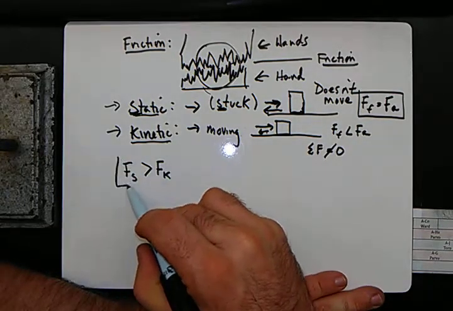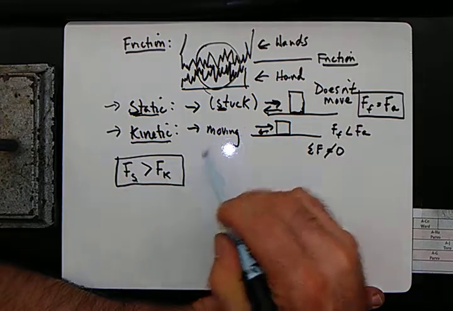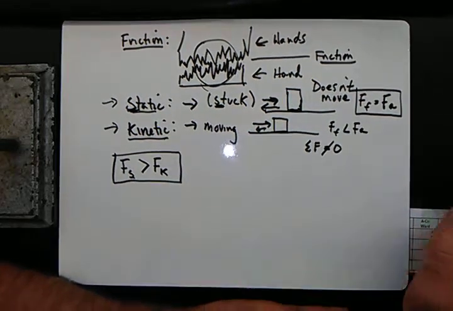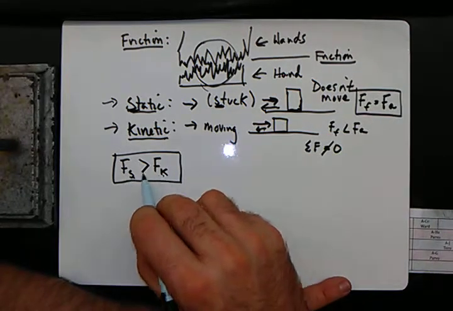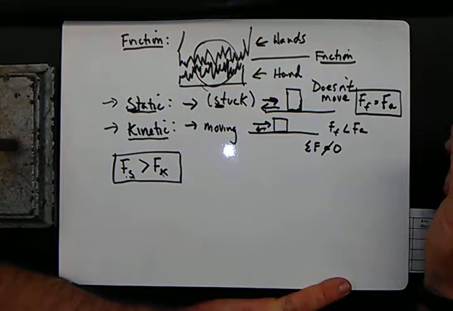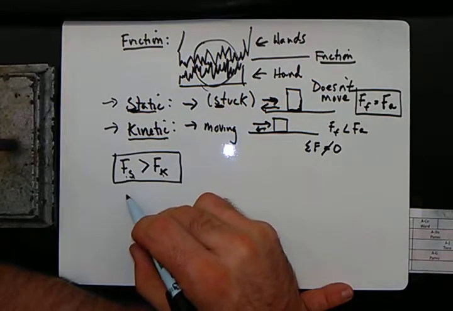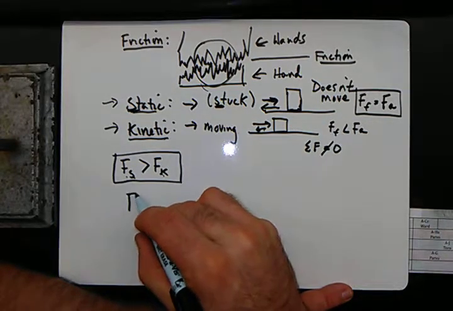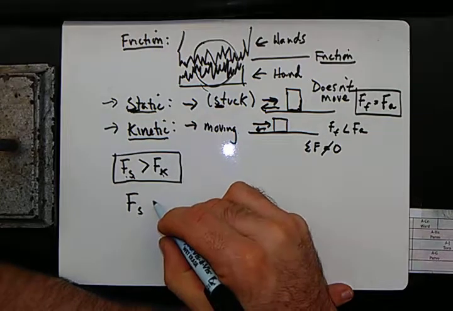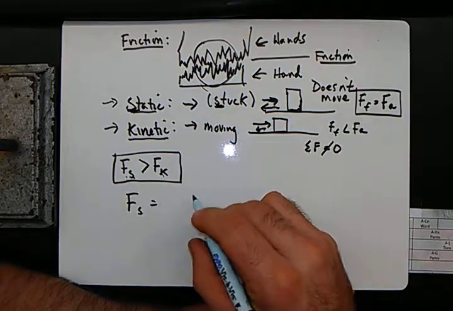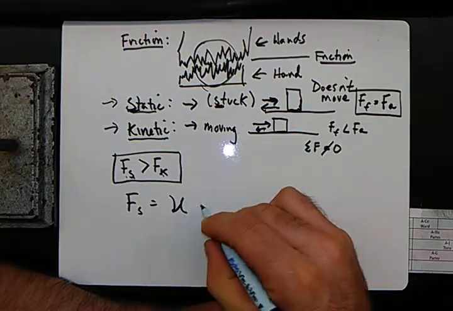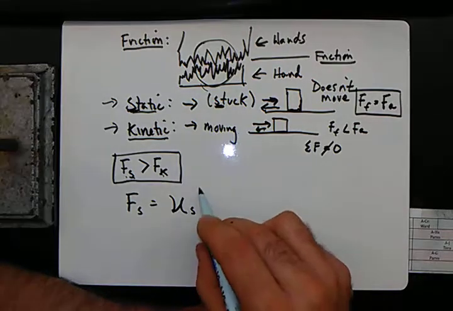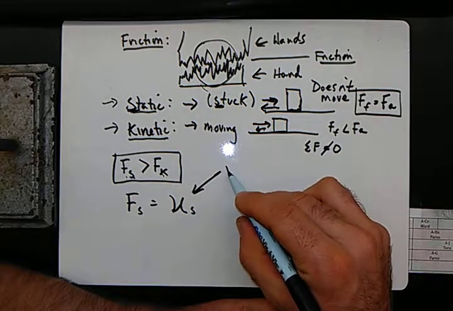There are values that we can apply to the friction between surfaces. In any textbook or a chart that I'll probably give you, we can get the values of these frictional values between two different surfaces. When we look at static friction, we have something called the coefficient of static friction. This is pronounced mu.